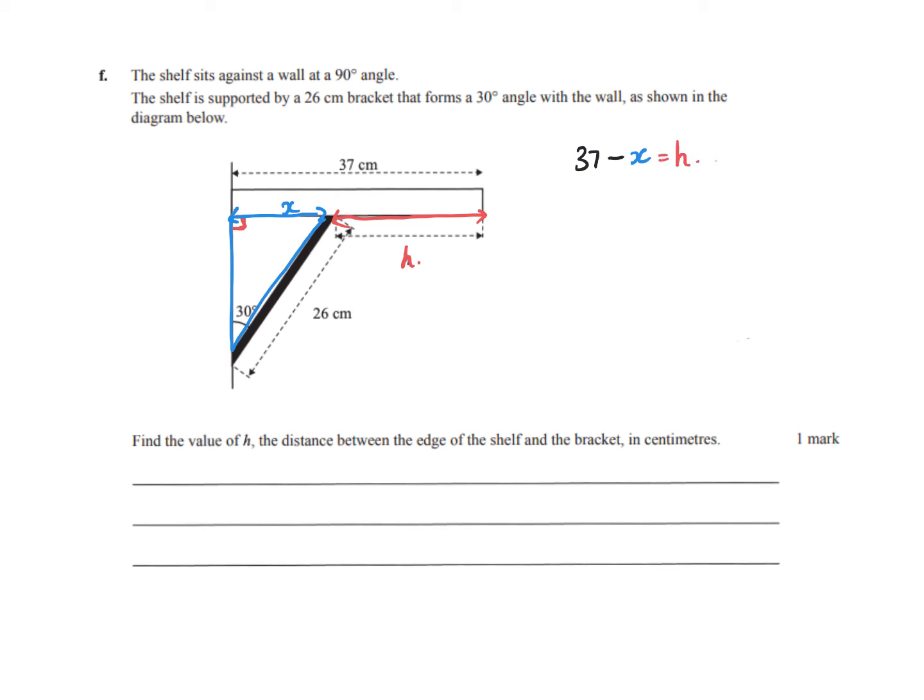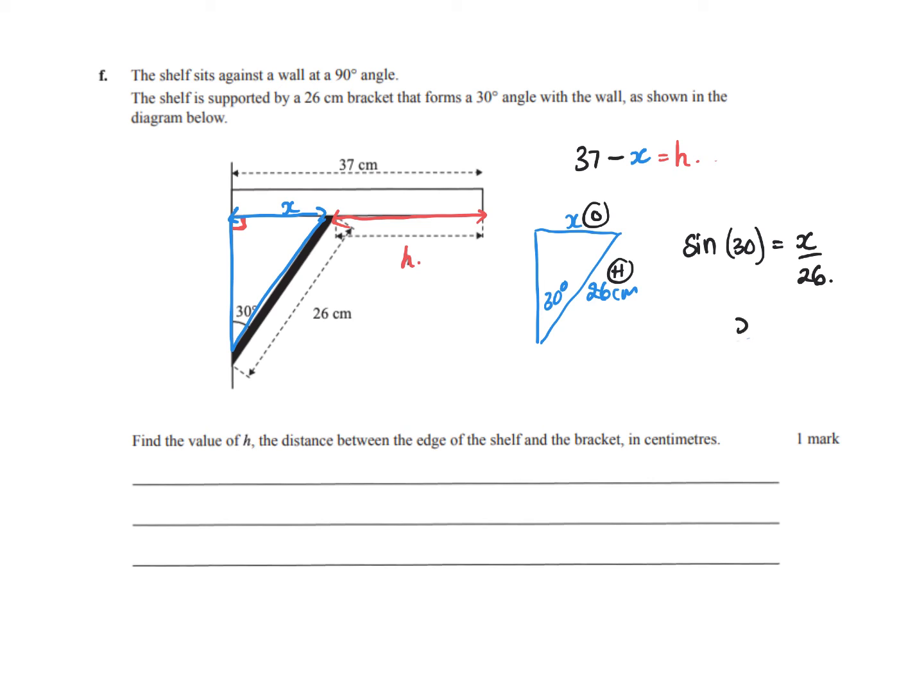That would equal H. All right, so what I'm going to do is use this blue triangle in here. And I've got a few pieces of information, and I'm therefore going to find out what X is using the SOHCAHTOA. So I can see that I have the hypotenuse and I've got the opposite. So I'm going to say sine 30 equals X over 26.